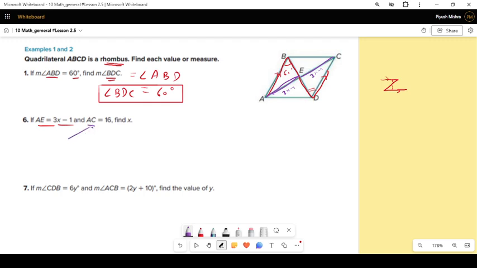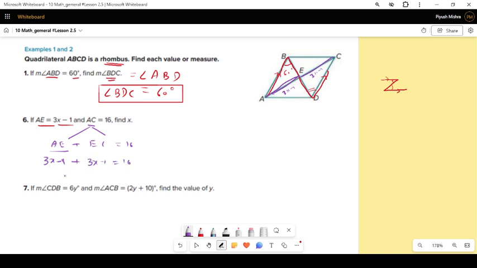So I can write AC as AE plus EC, and the total is 16. AE is 3x minus 1 plus EC, which will be equal by the property of the rhombus, so I will write again 3x minus 1, is equal to 16.